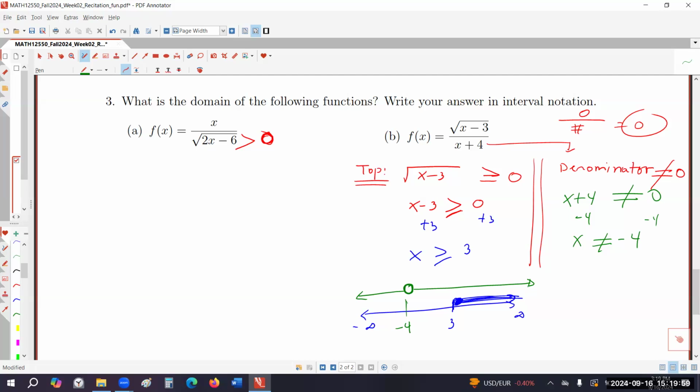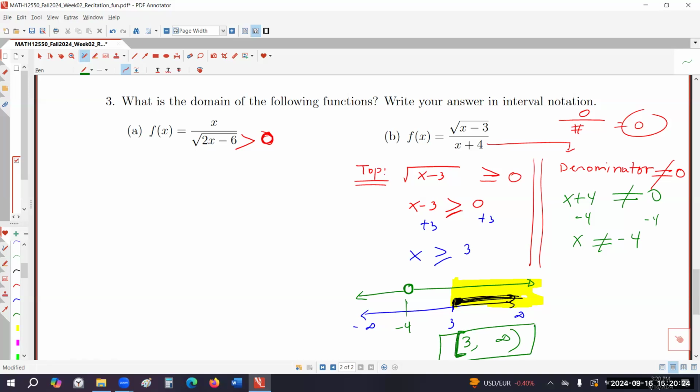They intersect from 3 onwards. So the domain is this: start from 3 to infinity. Infinity always gets parentheses. And since we can substitute x with 3, 3 gets a bracket.